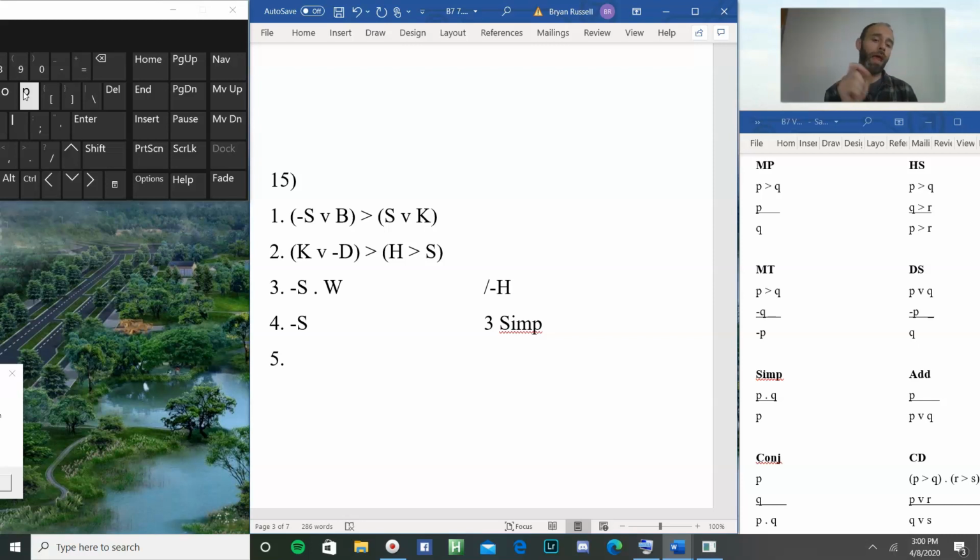So let's go ahead and add a wedge B after this tilde S to construct the antecedent for line 1. So tilde S wedge B. We just went ahead and added that to line 4. All right, so now that we have the antecedent to line 1, we can get the consequent via modus ponens. Hopefully you're familiar with that move by now.